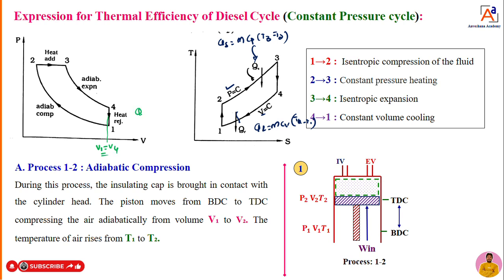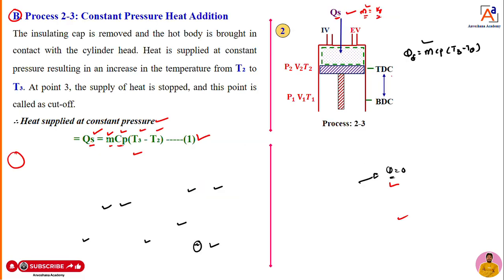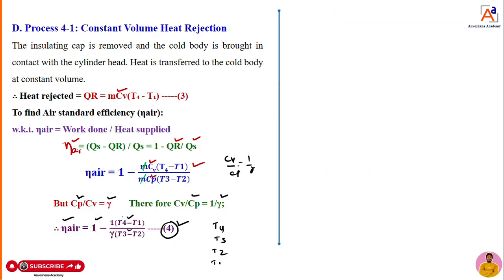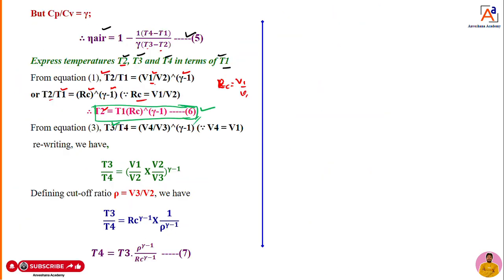Why is it so? Because heat is getting rejected at constant volume. Hence V1 is equal to V4. The same thing I am substituting here, so V4 is equal to V1. Therefore T3 by T4 is (V4 by V1) to the power of gamma minus 1. What is V4? V4 is nothing but V1, so I will substitute V1.